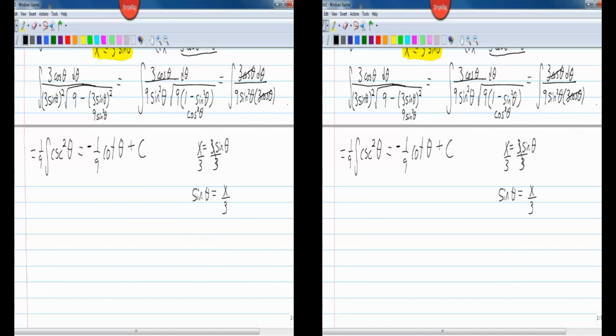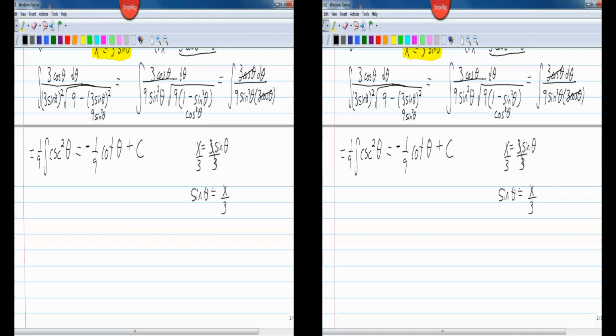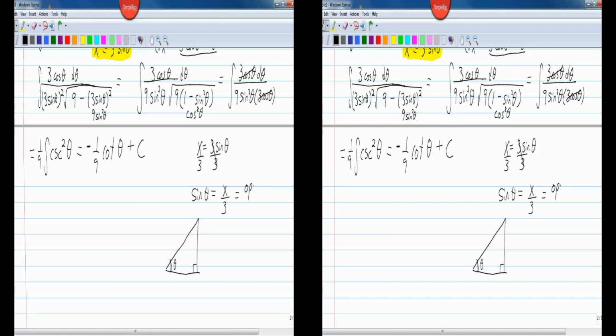Now, if you remember your trig, x over 3, you can write this in a triangle. Let's call this angle measure right here theta. And remember, sine is equal to, in right triangle trigonometry, sine is equal to opposite over hypotenuse. Okay, so the top is opposite. Here's the opposite side. Hypotenuse is the slanted side, so that side is 3.